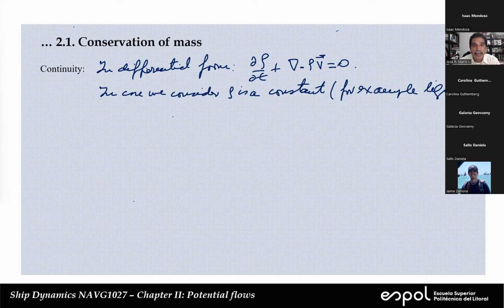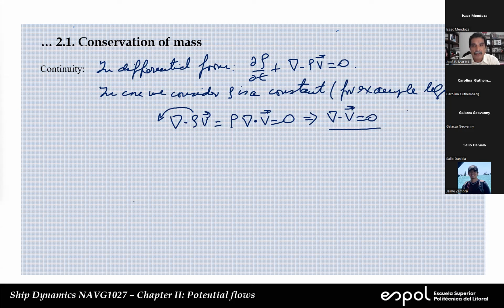Now rho is constant, so we can take it out. So since rho is never 0, the only way this is satisfied is this. Some people call it the continuity equation.